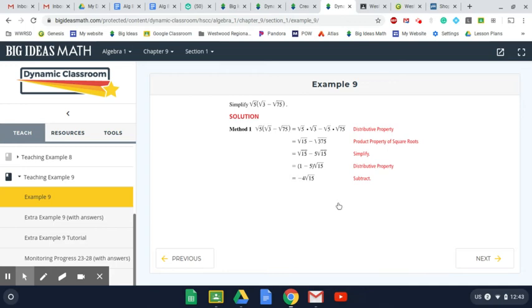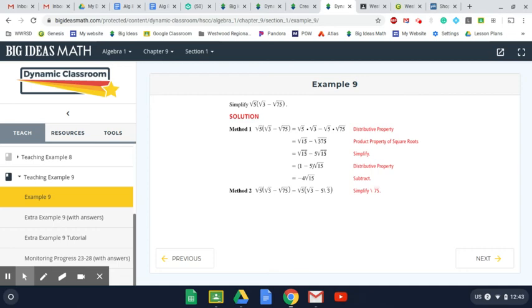So that's one method. Let's look at a second method. The second method is to simplify inside the parentheses first. Again, these cannot be combined because they don't have the same radicand, but 75 does have a perfect square factor, which would be 25.